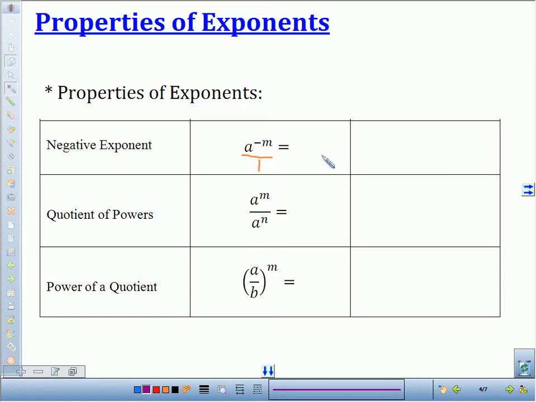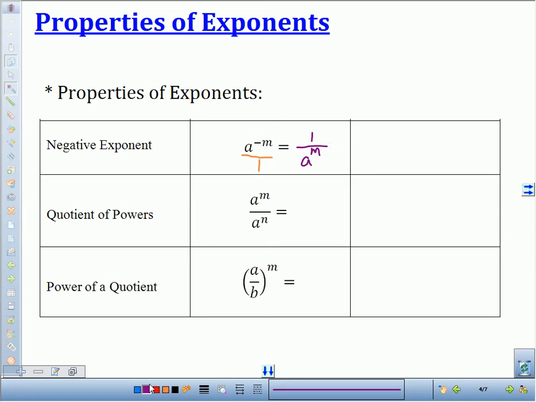The reciprocal of 1 over 3 is 3 over 1, which is just 3. So I have a to the negative m over 1 becomes 1 over a to the m. Notice that the negative sign went away when I took the reciprocal. And that's really all the negative sign tells you to do with exponents, is take the reciprocal.